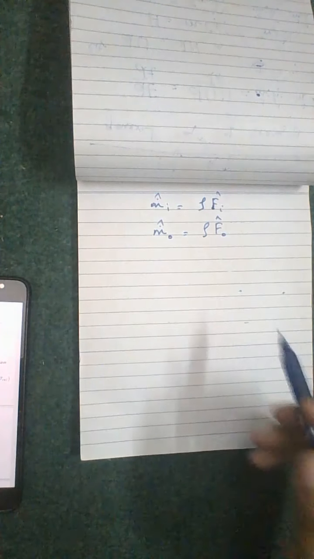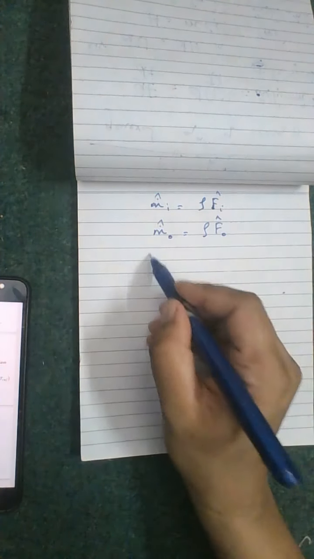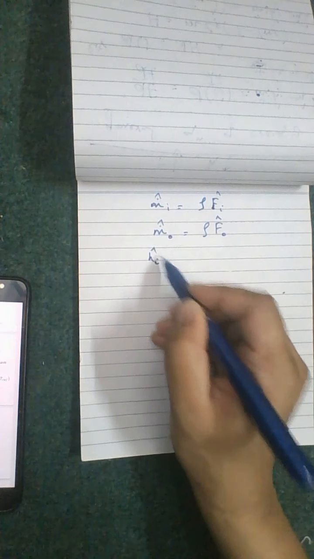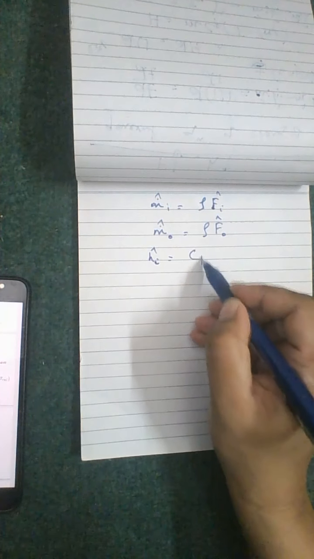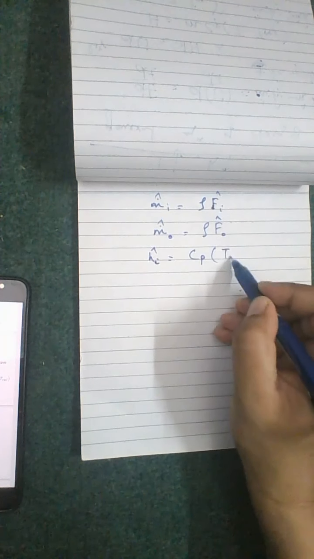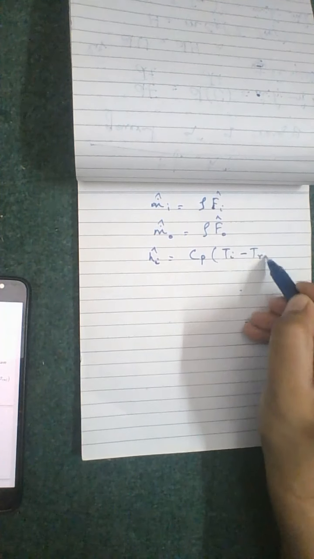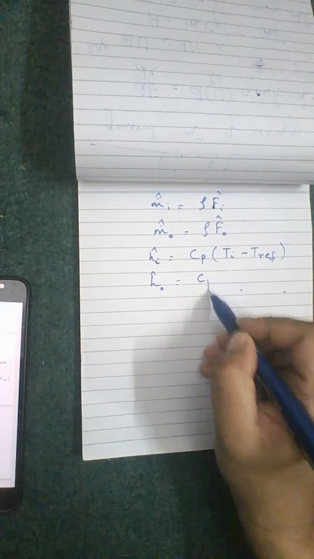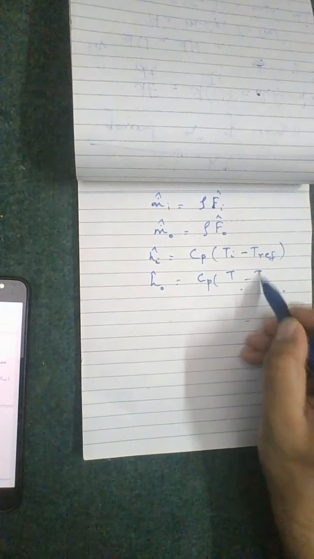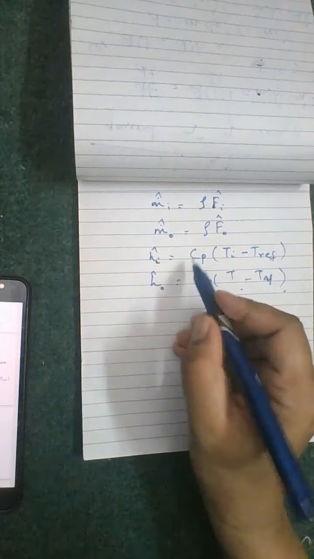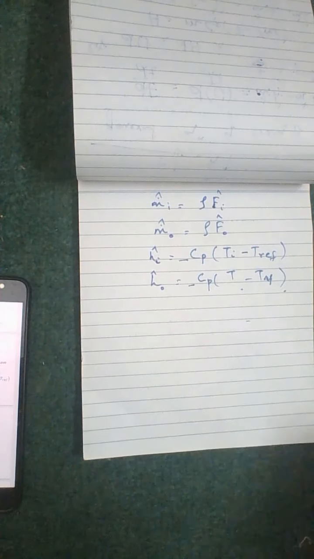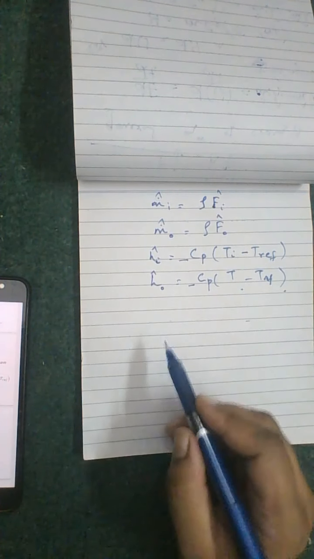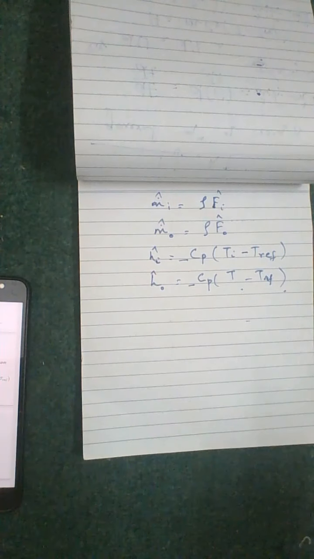Also, the specific enthalpy of the inlet will be Cp into (Ti, the inlet temperature, minus T reference), and the specific enthalpy of the outlet is equal to Cp into (T minus T reference). Why have I not added mass here? Because it is a specific enthalpy, not the total enthalpy of the entering and leaving masses.